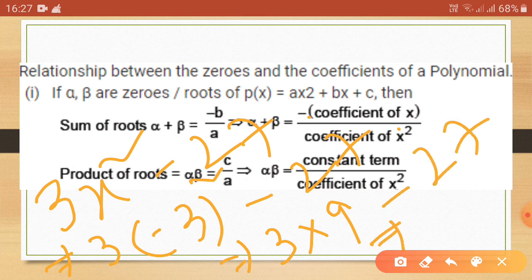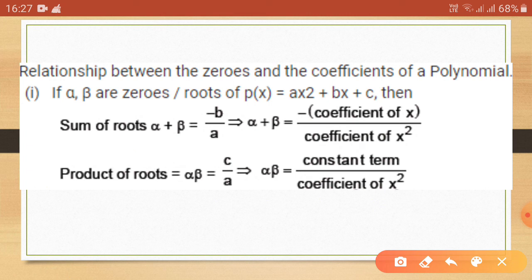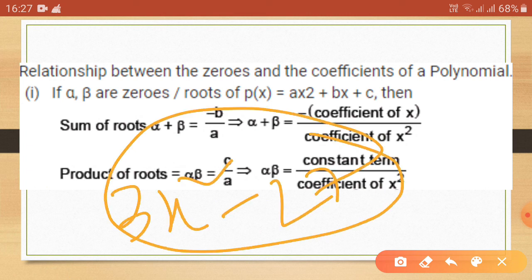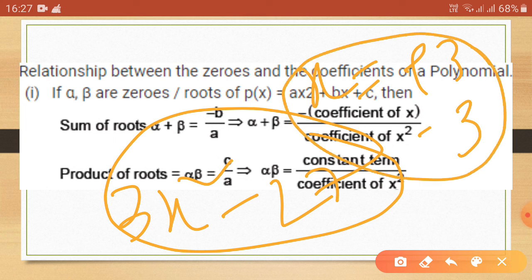So again it gives us 27 minus 27, that is 0. So we have put the value of x once as plus 3 and another as minus 3, and we got the result 0. So we can say that in the expression 3x square minus 27, the zeros or roots of this polynomial are x equal to plus 3 and minus 3. Clear concept? I think it is clear to you.